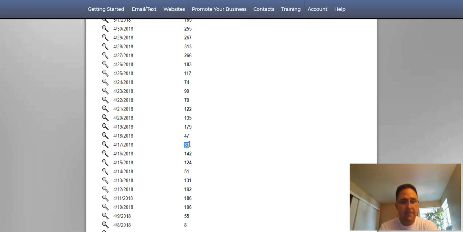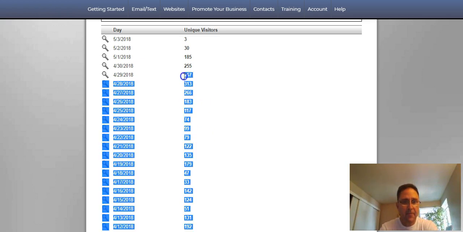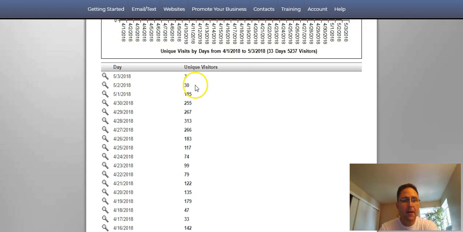Free traffic is great for on the budget or just starting out, but again, it all comes down to consistency. You have to be consistent, and so these higher numbers again was probably from a paid traffic run right here, and then again today is just 3 visits, and it's only 11:40 still.